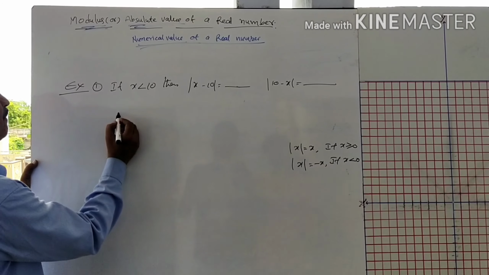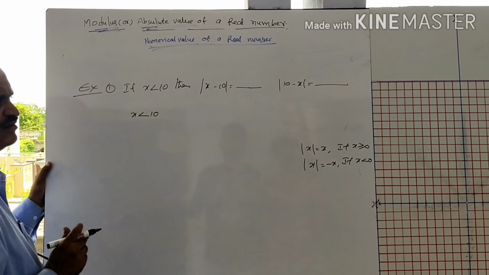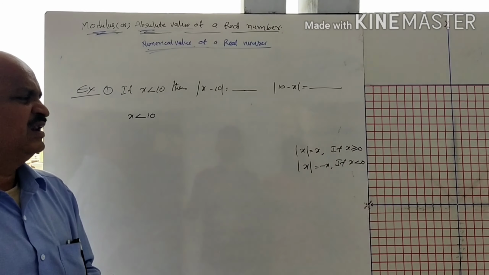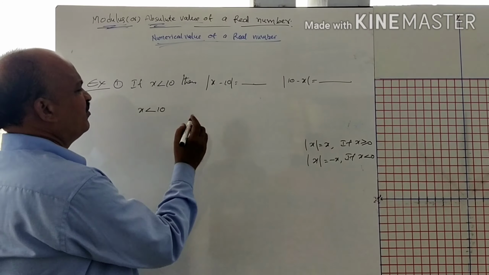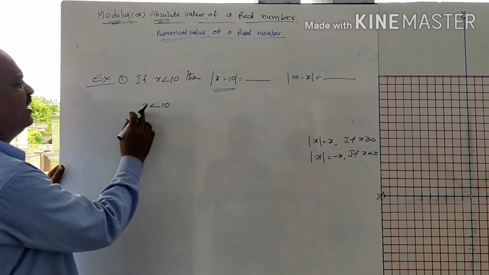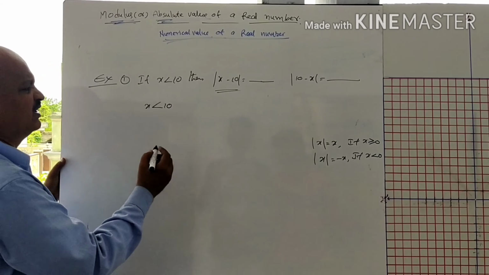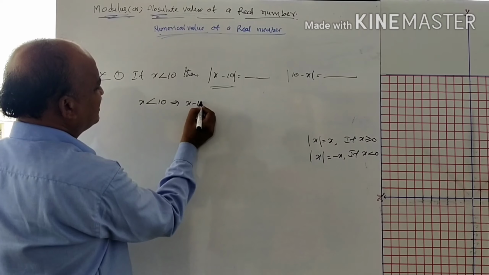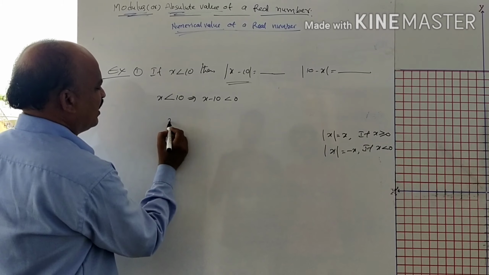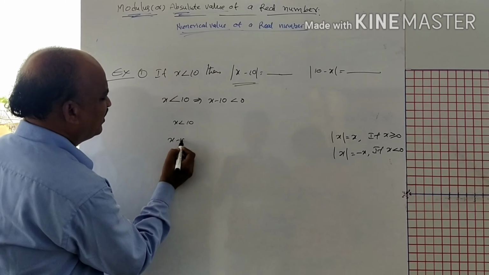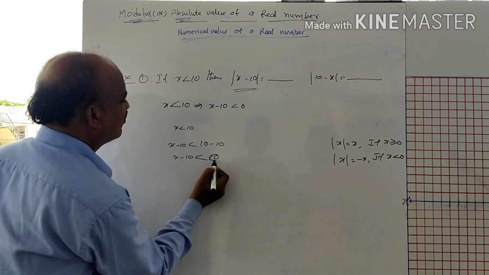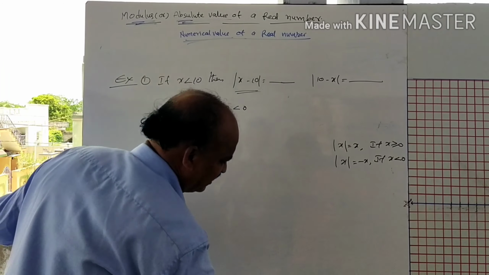Here x is less than 10 is given. If we know whether the value is more than 0 or less than 0, we can determine the value of the modulus. Since x is less than 10, x minus 10 is less than 10 minus 10, which equals 0. So x minus 10 is less than 0.